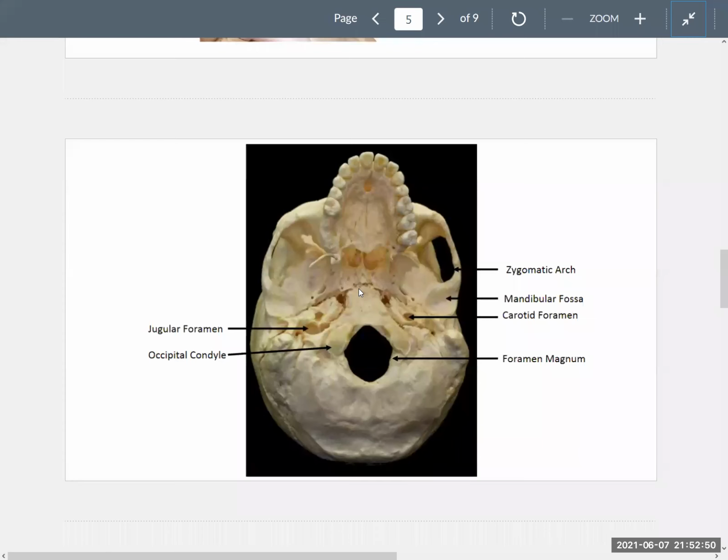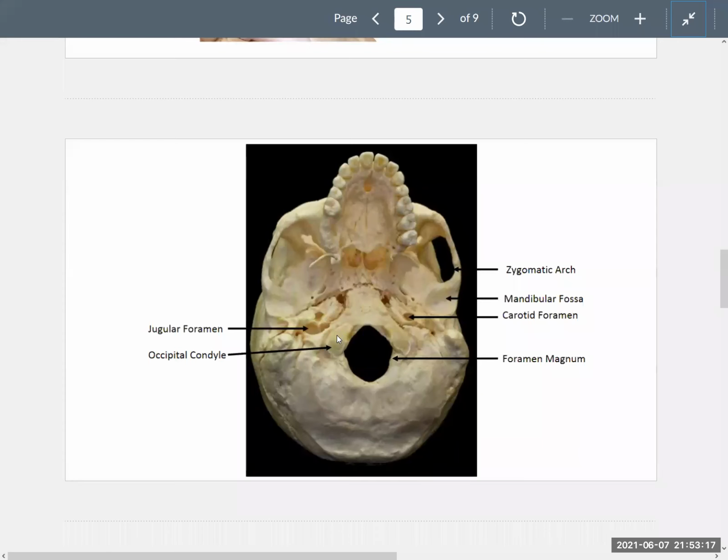It's from here all the way back, all the way on the other side where I can't go, to here. The occipital condyles, when you turn the skull upright and put it on a vertebral column, the occipital condyles set on the first cervical vertebra.